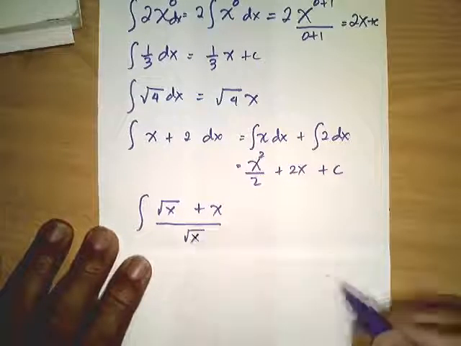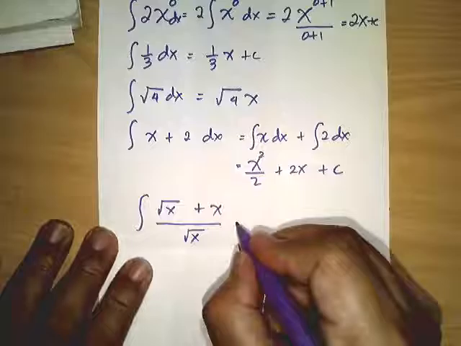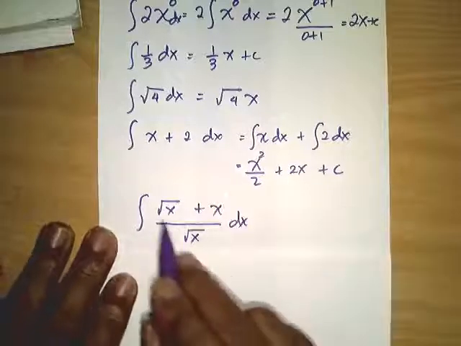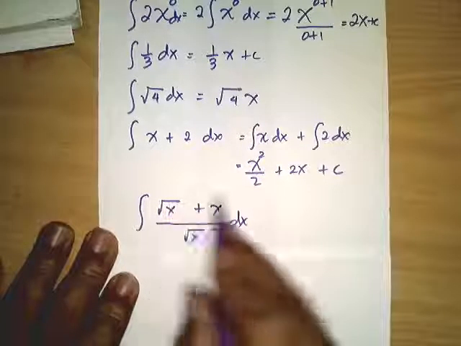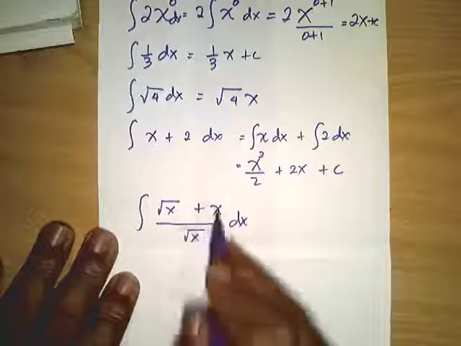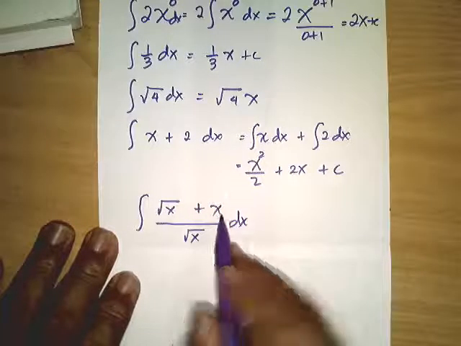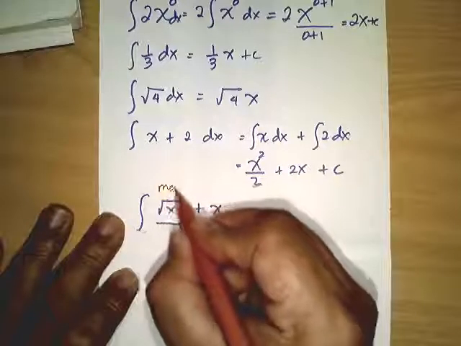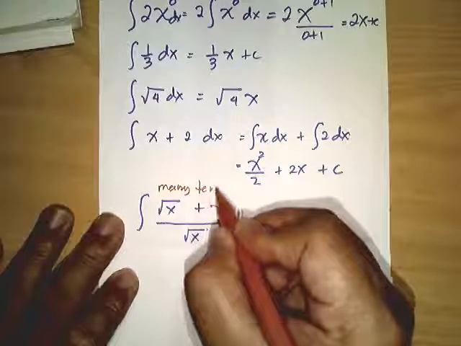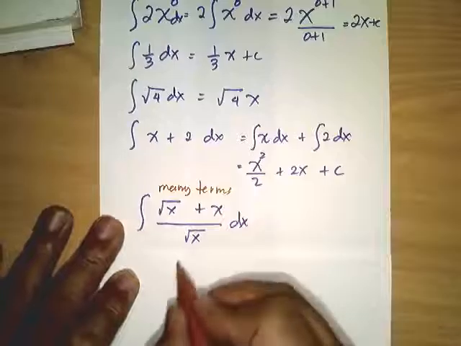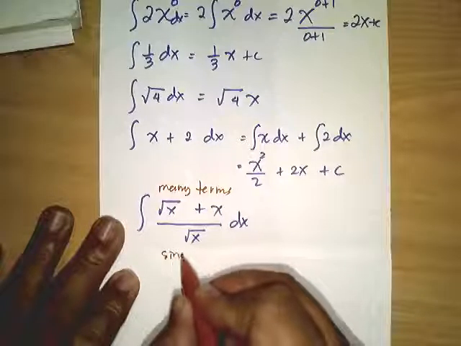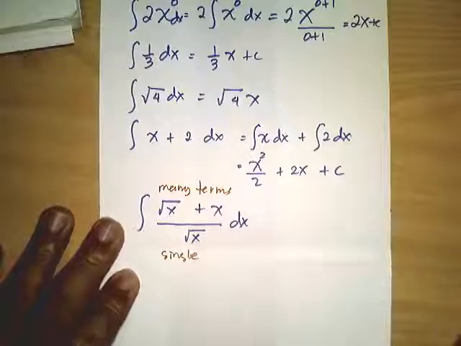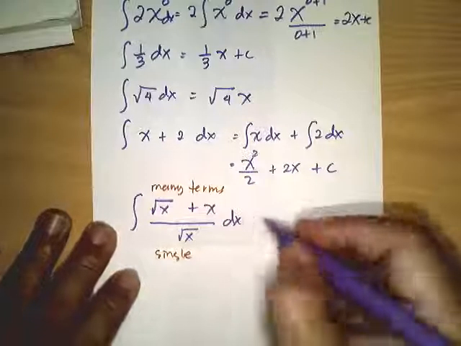If you have, for example, the integral of square root of x plus x, all divided by square root of x, dx. If you have many terms on the top and a single term below, remember this strategy: divide each term.